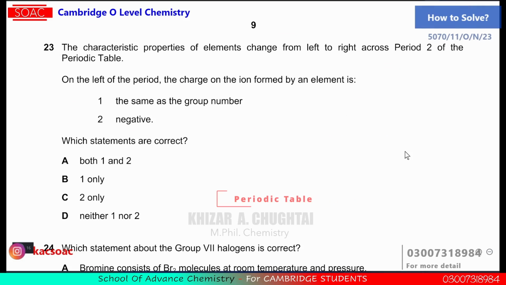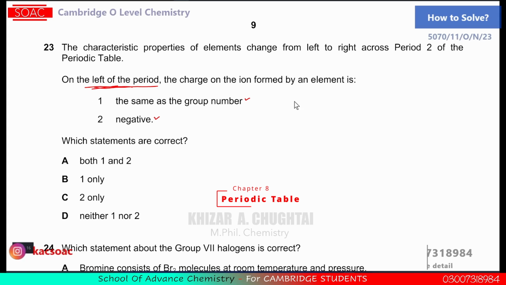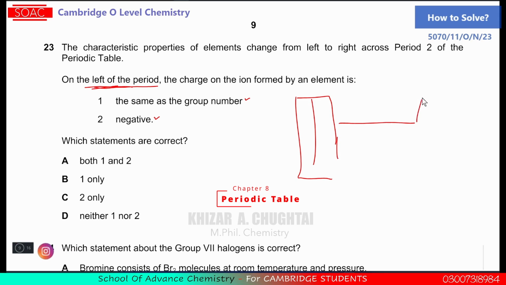Question number 23, the characteristic properties of the elements change from left to right across period 2 of the periodic table. On the left of the period, the charge on the ion formed by an element is 1, the same as the group number, 2, negative. On the left of the period, he is talking about group 1 and group 2, right?